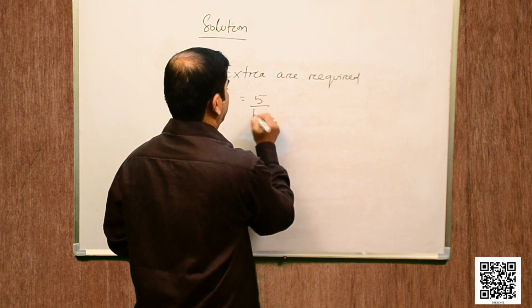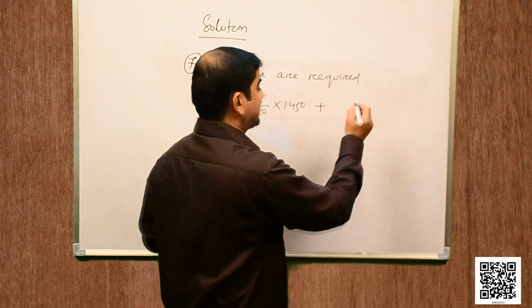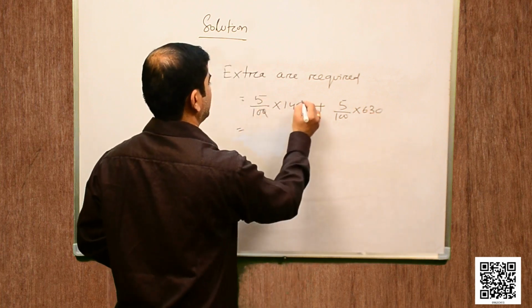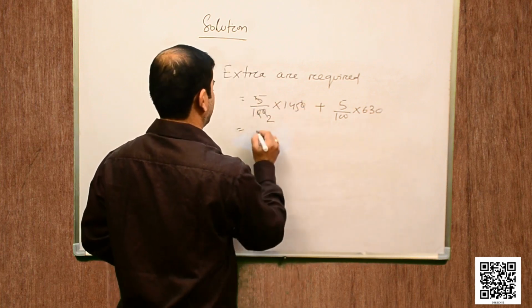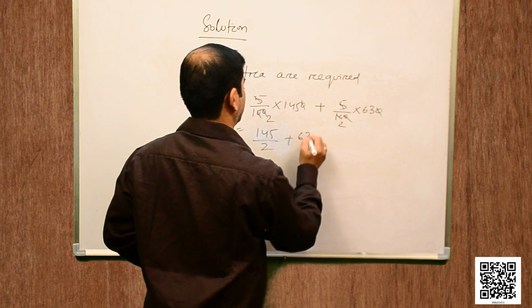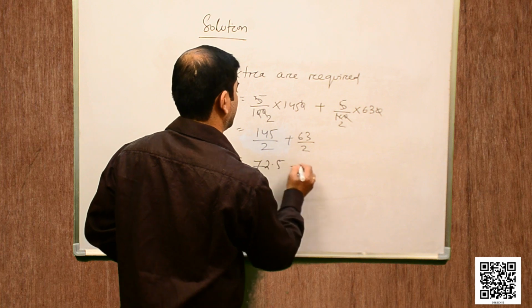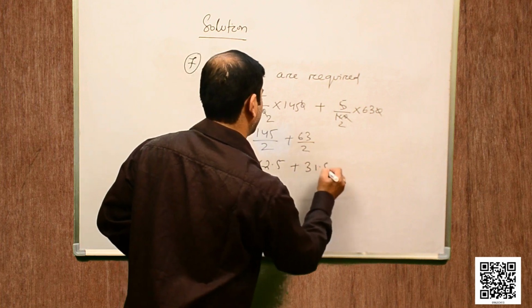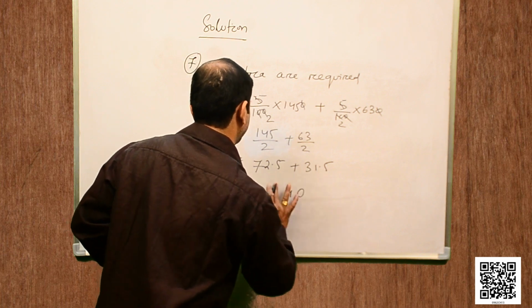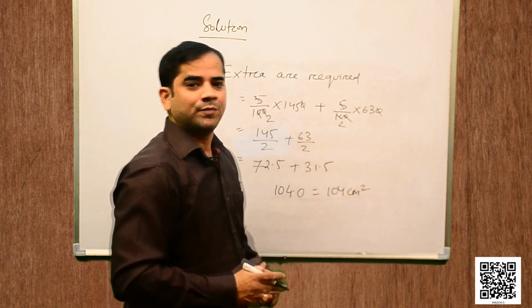So that is 5% of 1450 plus 5% of 630, which is 104 centimeter square.